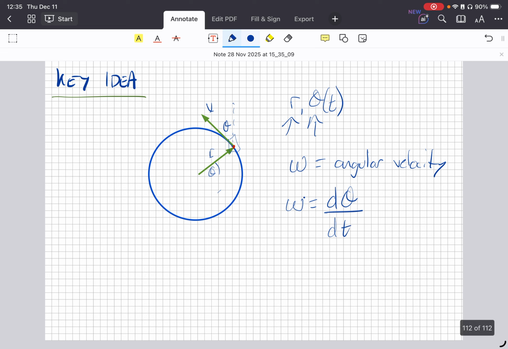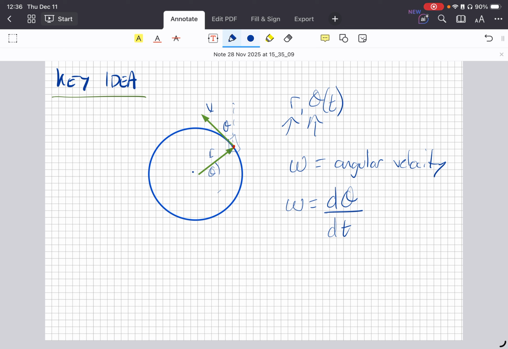If you define the angular velocity in that way, then we can use this quantity anytime we need to take a time derivative and we see theta appearing there. The angular velocity is essentially the change in angle as a function of time. That's what this means, d theta with respect to time.